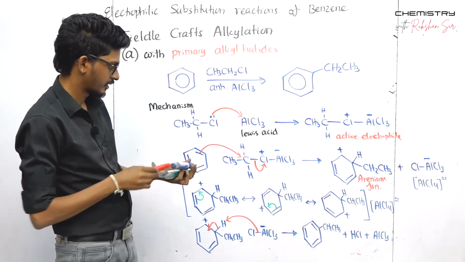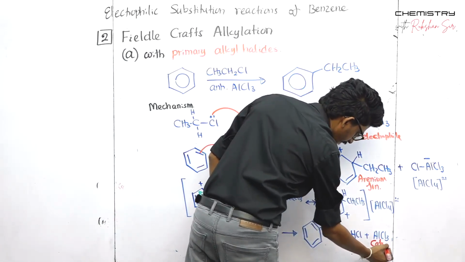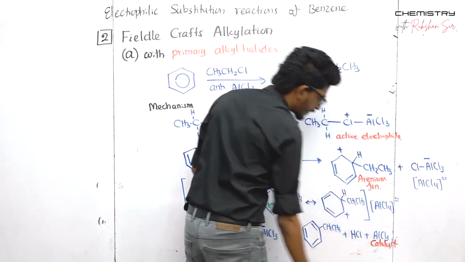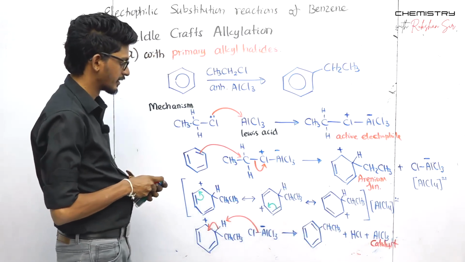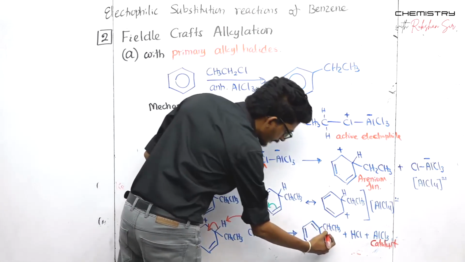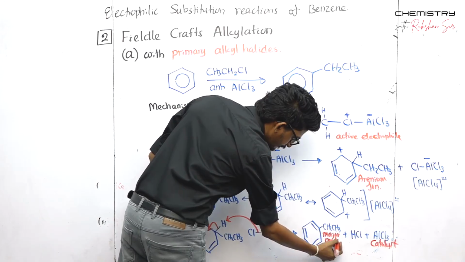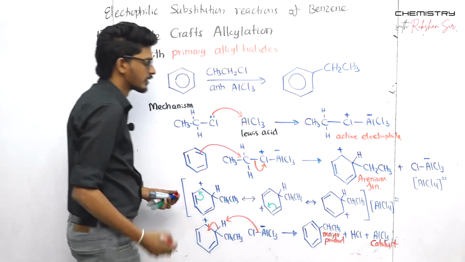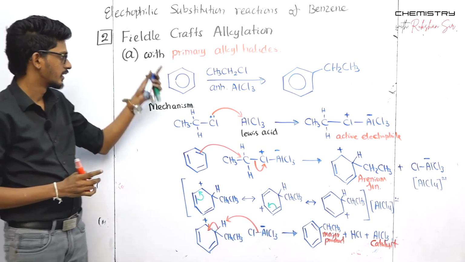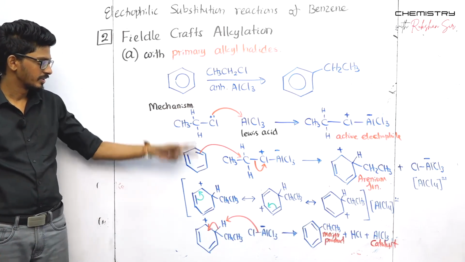AlCl3 is your what? Is your catalyst. So the major product and the catalyst will be formed. So that is how you're supposed to complete the Friedel-Crafts alkylation. Just complete this stuff now.